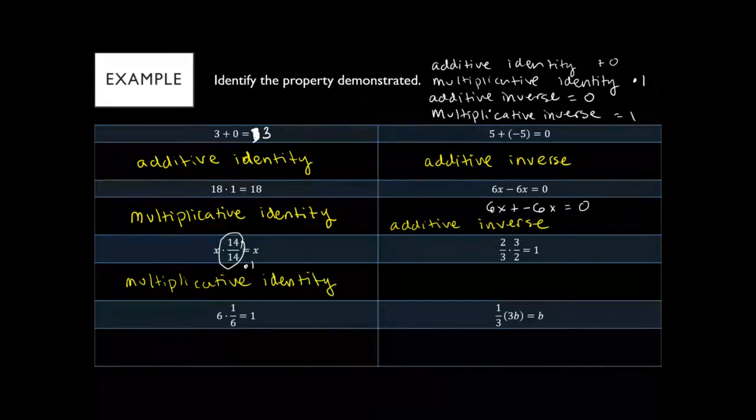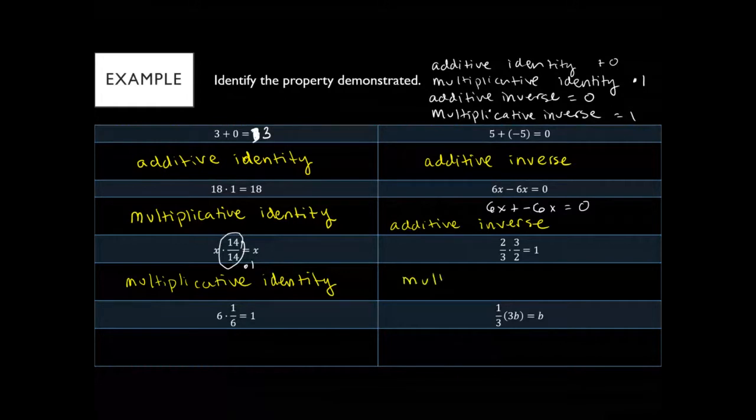I was talking about the multiplicative identity and then I wrote inverse. So 2/3 times 3/2 equals 1. Multiplicative inverse. That is correct. Let me actually write the correct word. Inverse. I almost wish that they were different words. They didn't both start with I, because it can be very confusing.